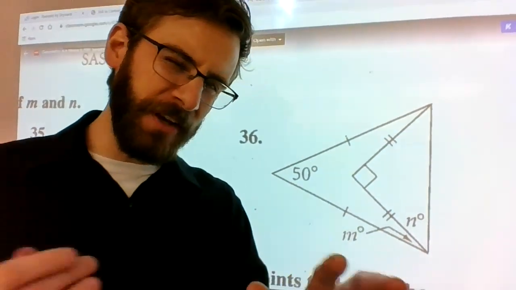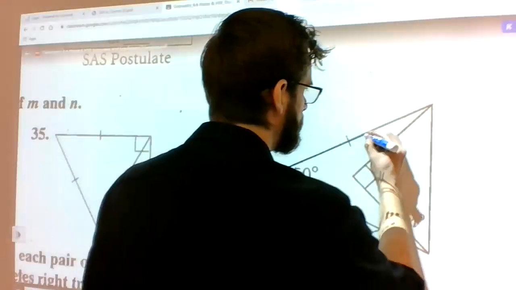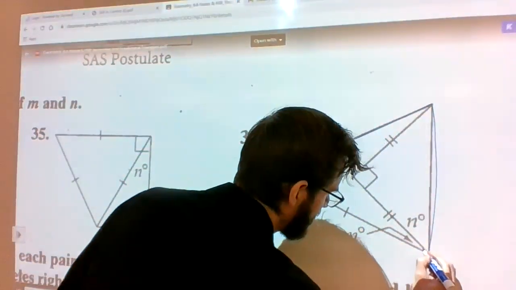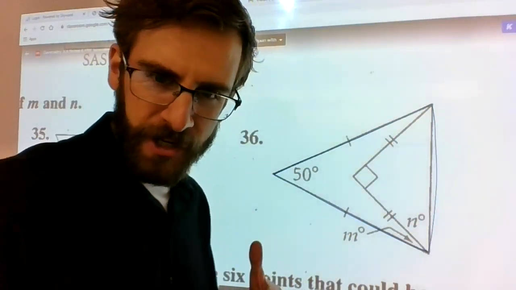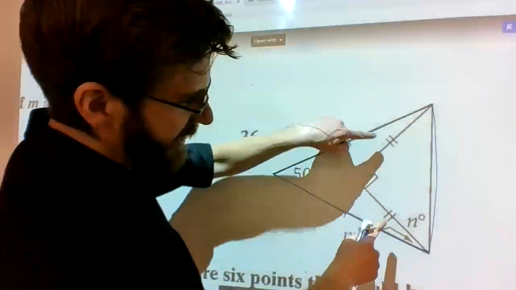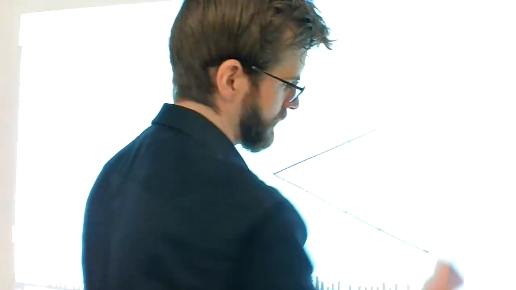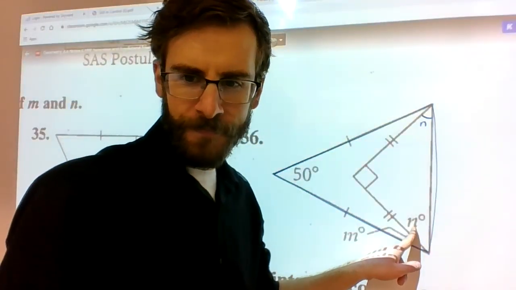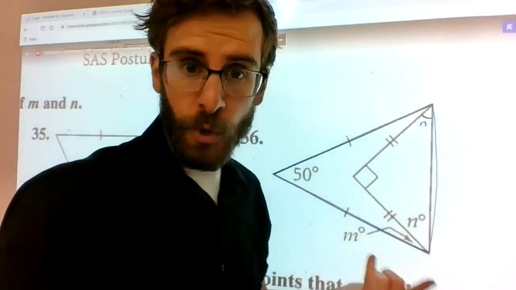So, this was going to be harder to visualize, but here's one isosceles triangle that they're trying to show us, and here's the second one. Now, the second one shows that this little sliver of an angle right here is going to be n. Okay? And these three have to add up to 180, right?